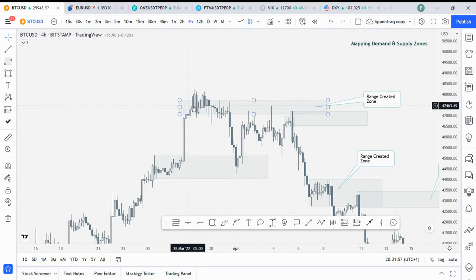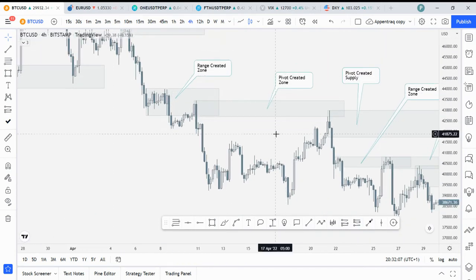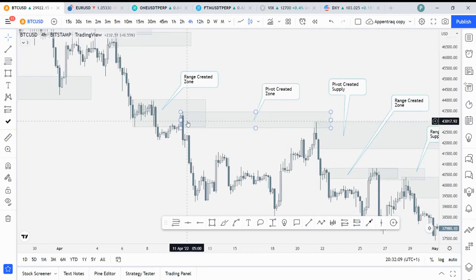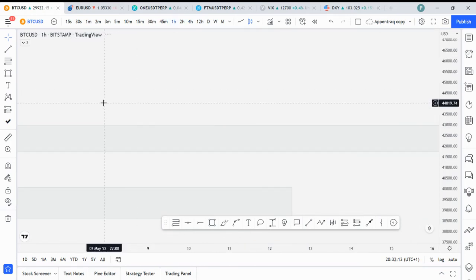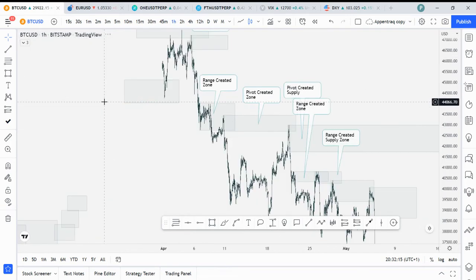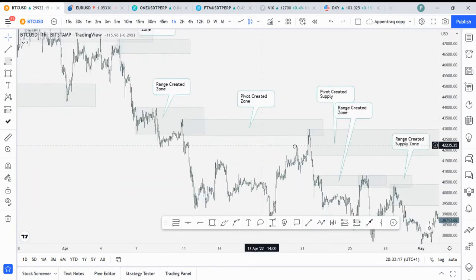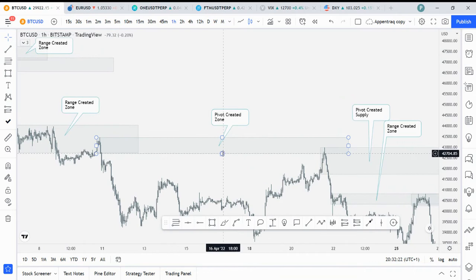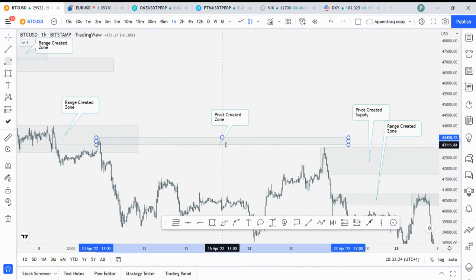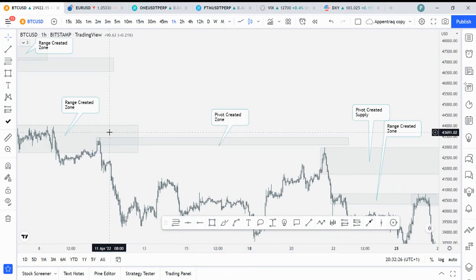The time frame refinement is basically when you refine a higher time frame zone, you reduce it to a lower time frame zone. For example, this particular zone right here, if I go to the 1 hour time frame, you can see that I could have refined this to this first candle.